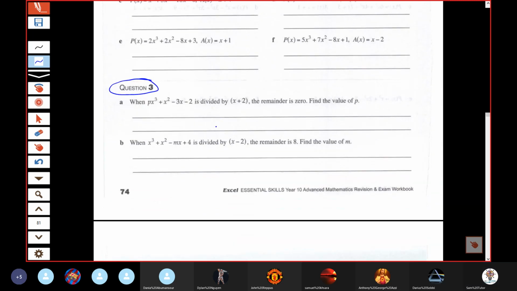Let's see. When p of x cubed plus x squared minus 3x minus 2 is divided by this, the remainder is 0. Find the value of p. All right, what's step 1? What would be step 1 for you guys? Don't change. For those who know me and the way I talk, I always say don't try to change regardless of the question now.